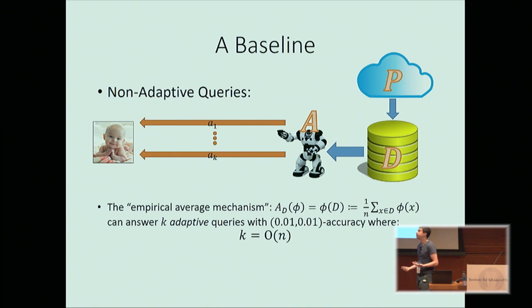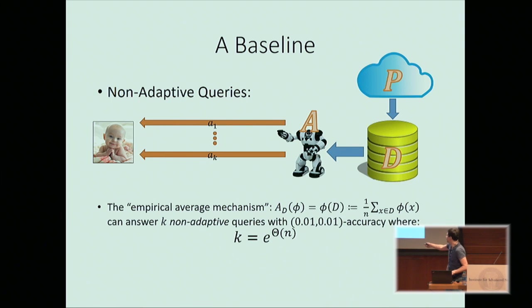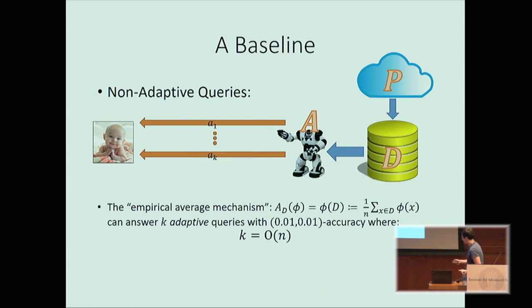Unfortunately, it's also not hard to show that the empirical average mechanism is substantially worse when you evaluate it for adaptively chosen queries. Okay, and it's not too hard to argue that there is a reasonable data analyst, not even doing anything too adversarial, that can ask merely linearly many queries rather than exponentially many queries, and cause the algorithm to violate the condition that 99% of the time its answers have only 1% error.